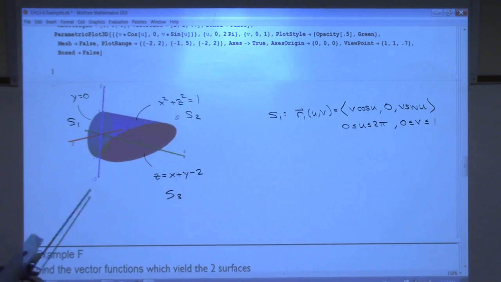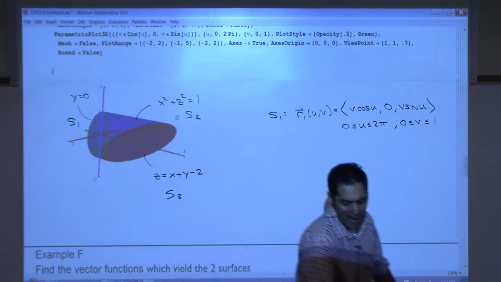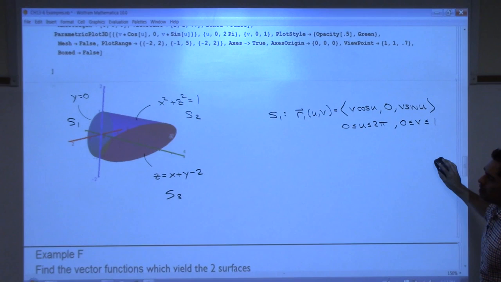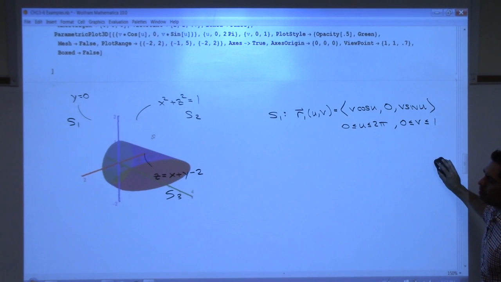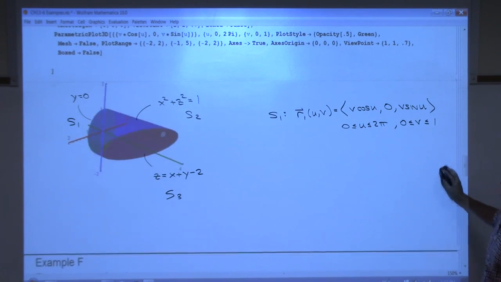That's a hint. If you were standing here on the y-axis way down there, and you were to look at them from the end, could you tell any difference between S1 and S3? They look exactly the same, right?